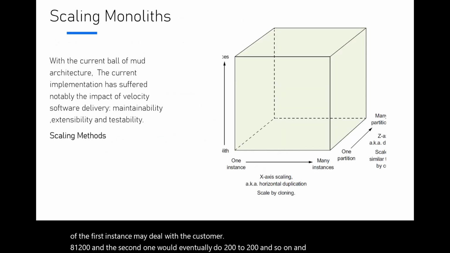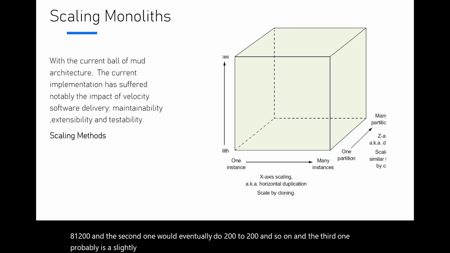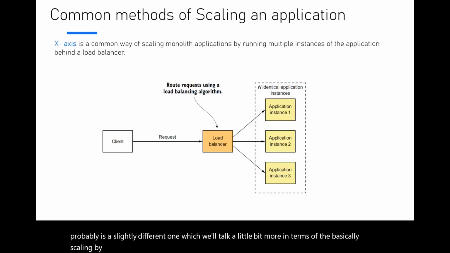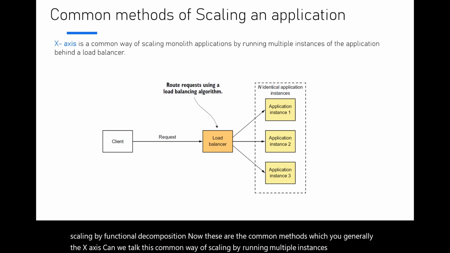The third one is slightly different, and we'll talk a bit more about it: scaling by functional decomposition. The x-axis is the common way of scaling, by running multiple instances of the application behind a load balancer.